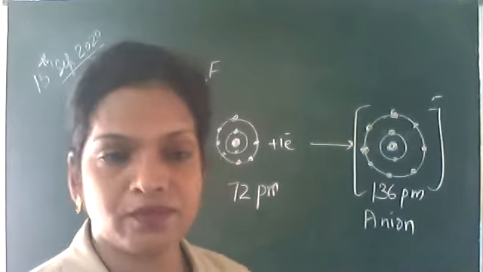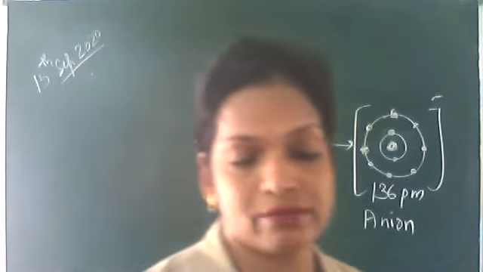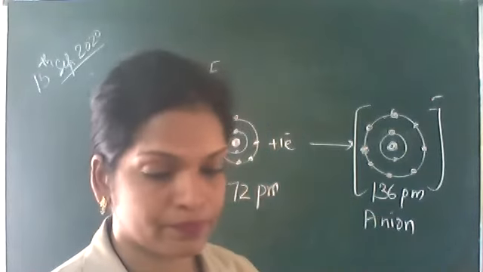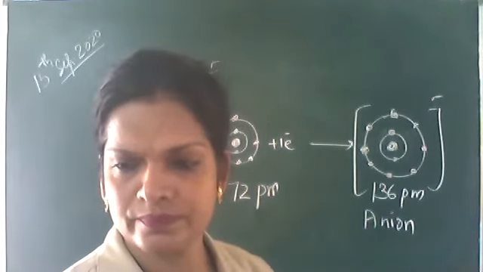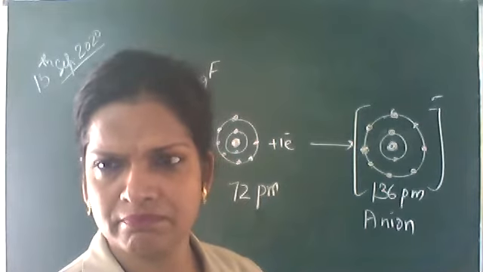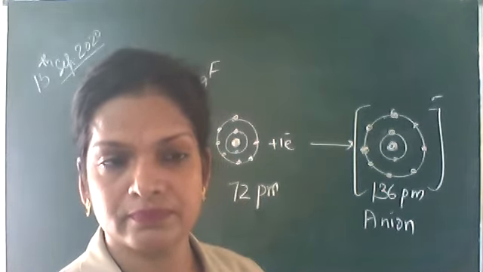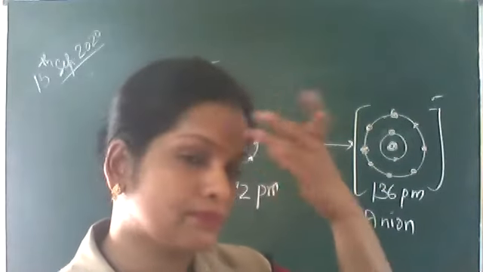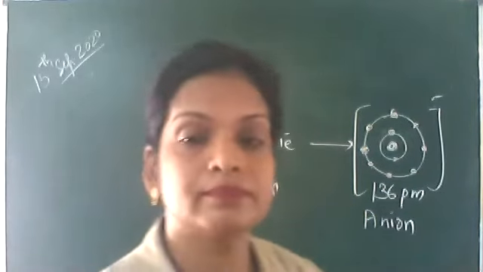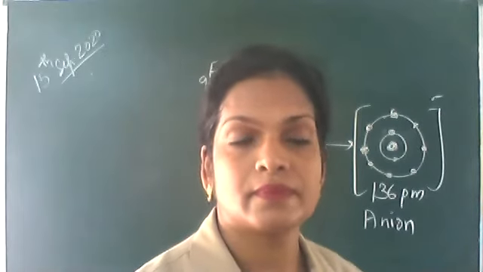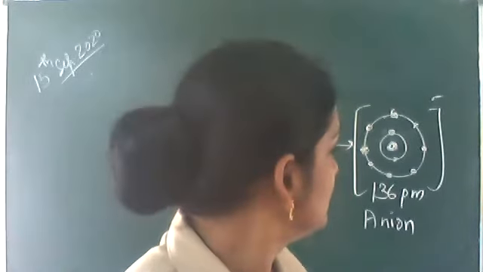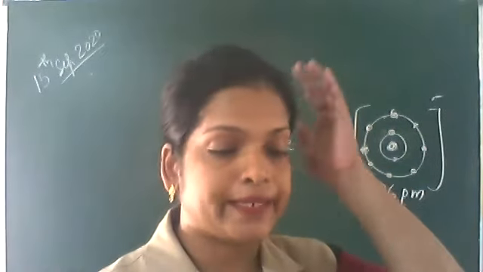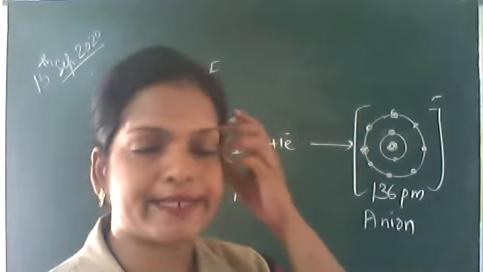Cations have positive charge, while anions have negative charge. These are the two differences between cations and anions. Now let's see some cations and anions.